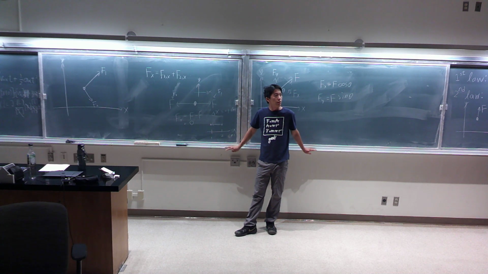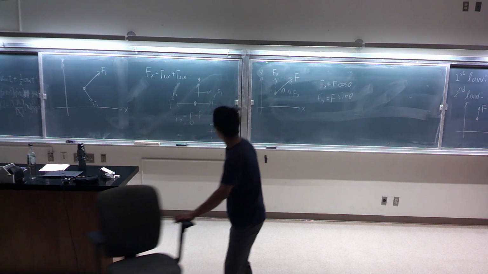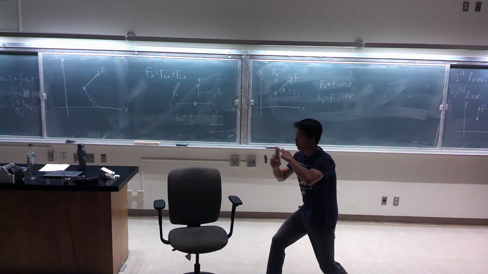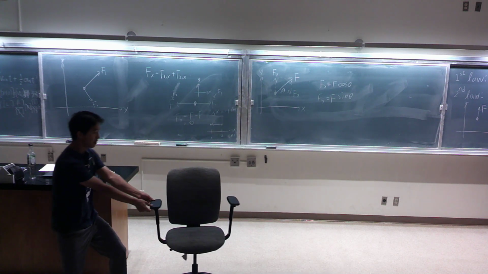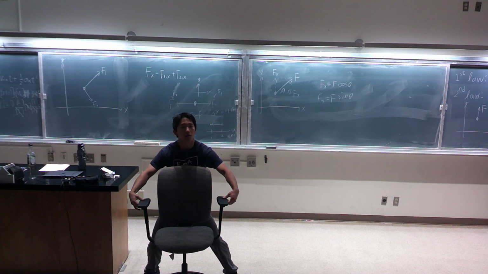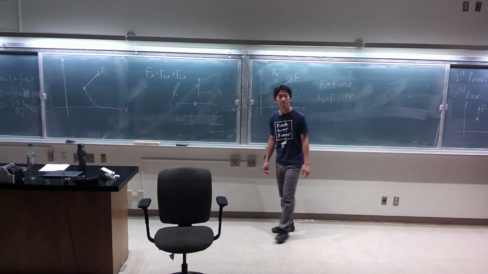Does that make sense? If you have two people pushing the same thing, I'm pulling it here, and my ninja is pulling here. Then at the end, the two forces will cancel. They sum out to 0, and there's no acceleration. Okay?